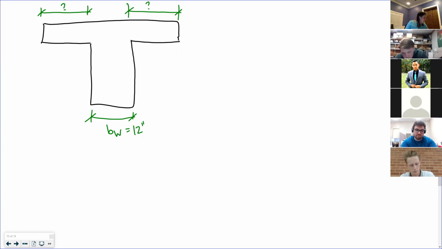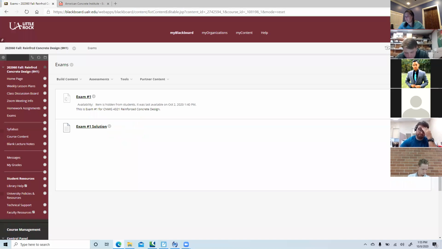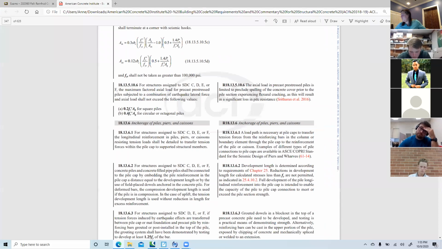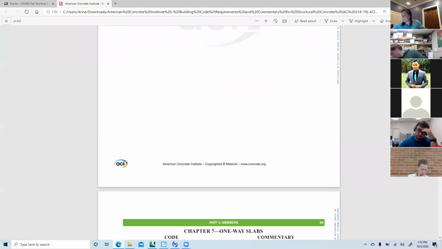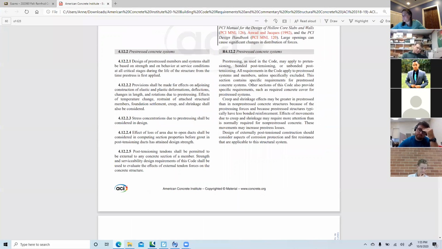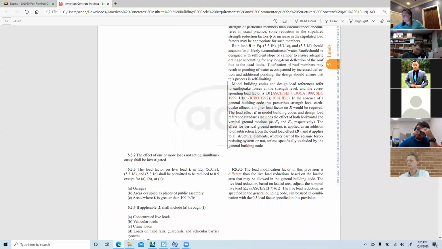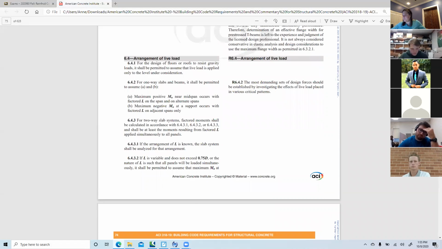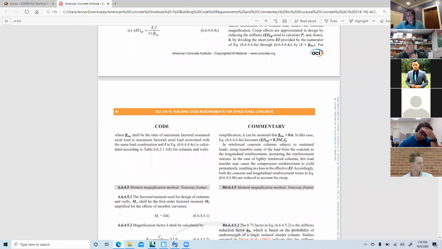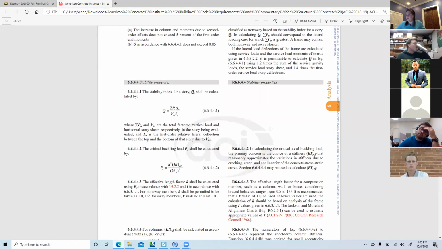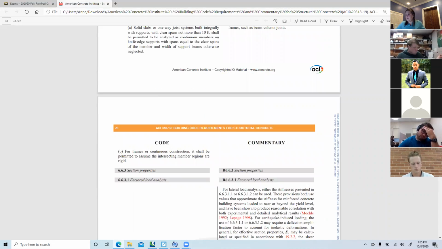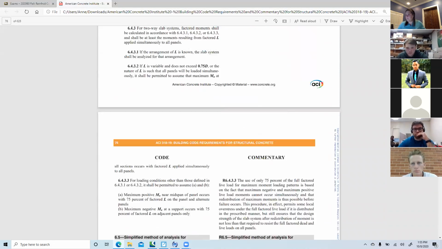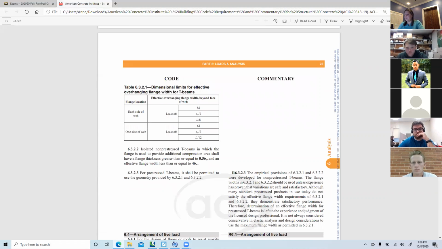That is on page 73. Remember, this is the overhang, not the whole width. It's the overhang.